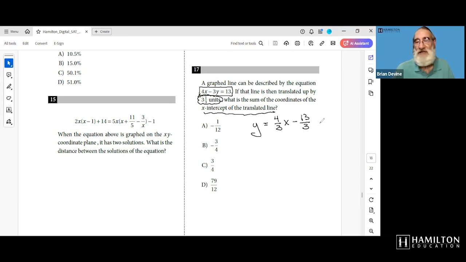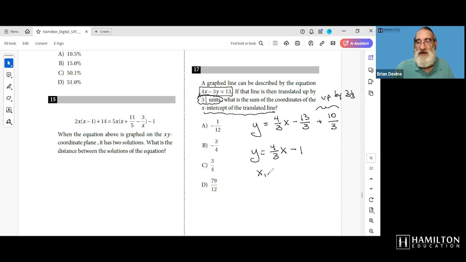And then we took that thing and we moved it up by 10/3. So we added 10/3 to y. So this represents a translation of up by 3 1/3. So now we have y equals 4/3 x minus 1. So there's the new line.